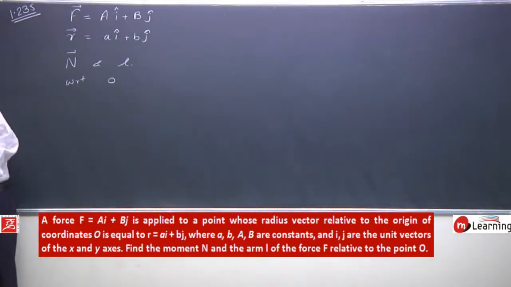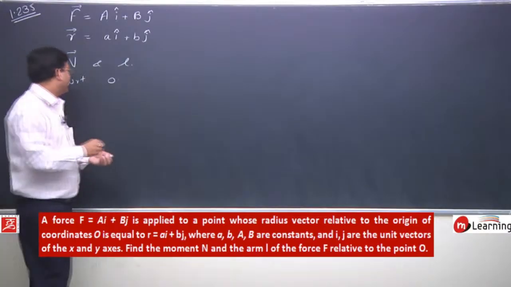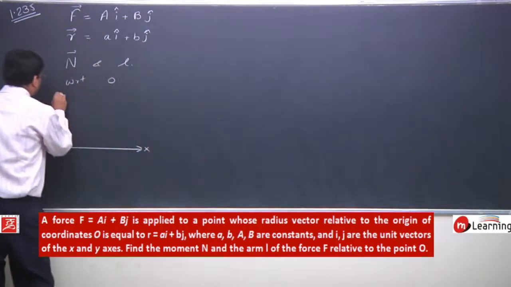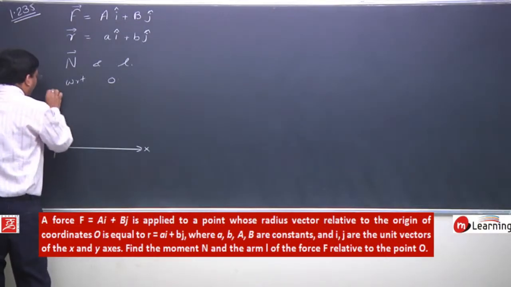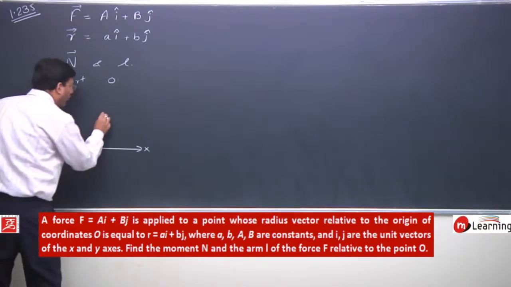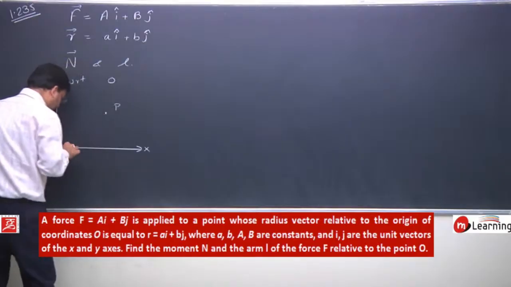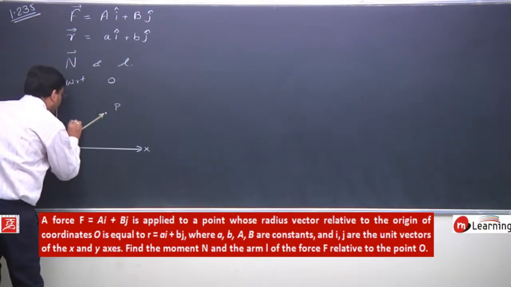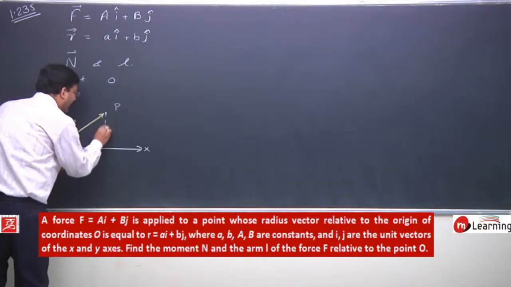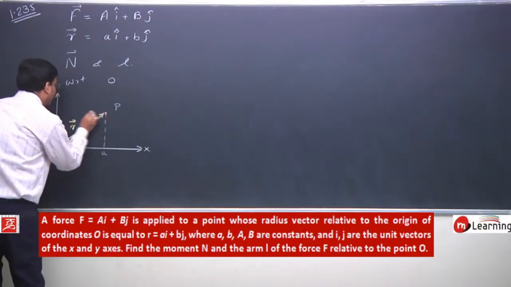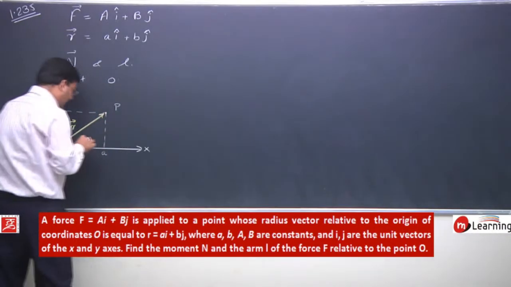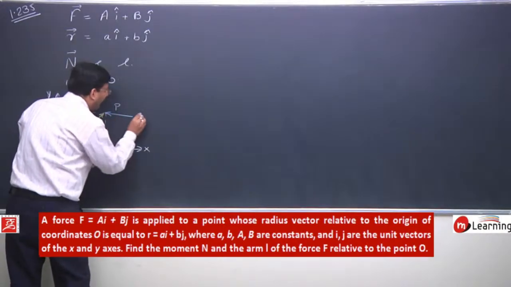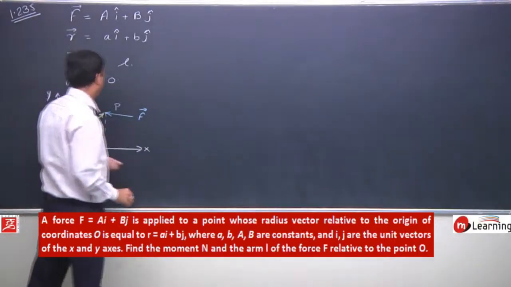Now, let's try to understand the problem. We have this coordinate axis xy, this origin O, this is some point P, and this is the radius vector of point P. This is A and this is B, and we have some force F acting on it.